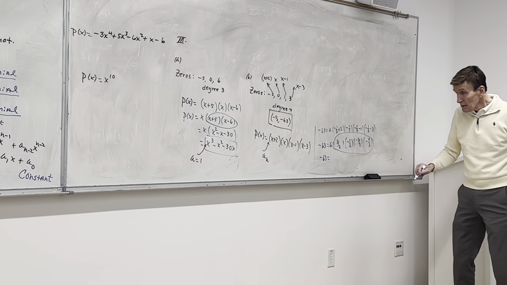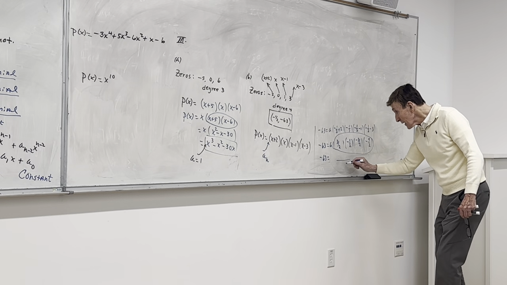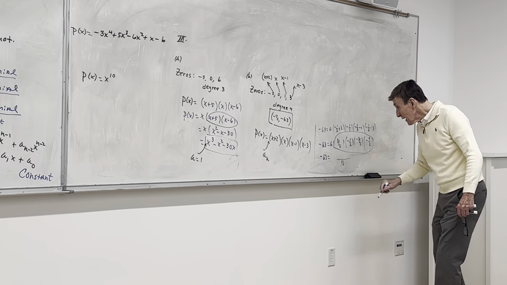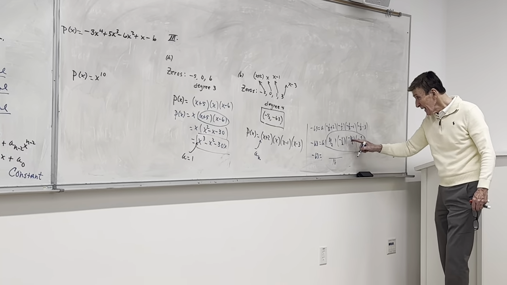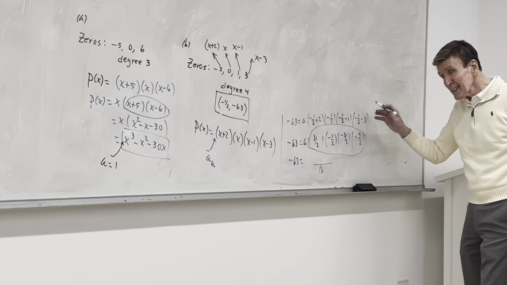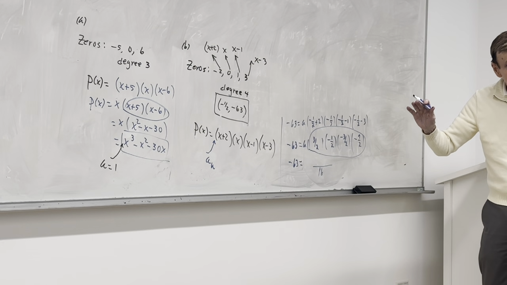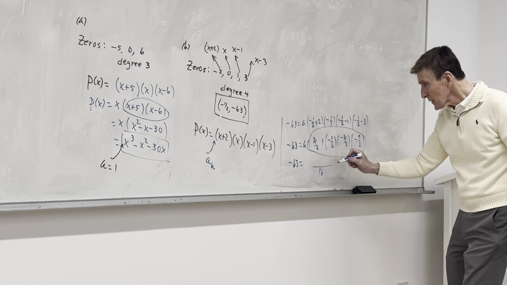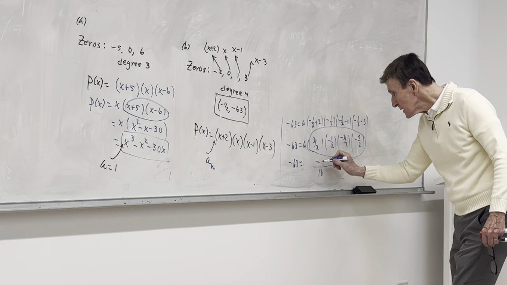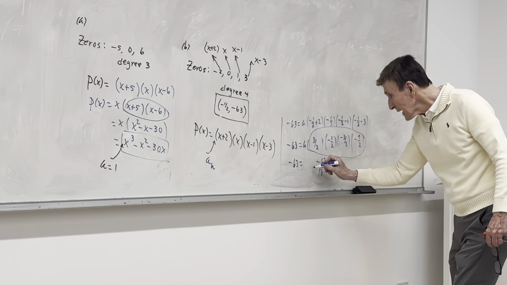Is that true? 16 for my denominator. What an interesting problem. On top, I see a negative 3, positive 9. Is it negative 63? I did it quickly. Yep. Negative 63. Jeez. And that's a, out front.